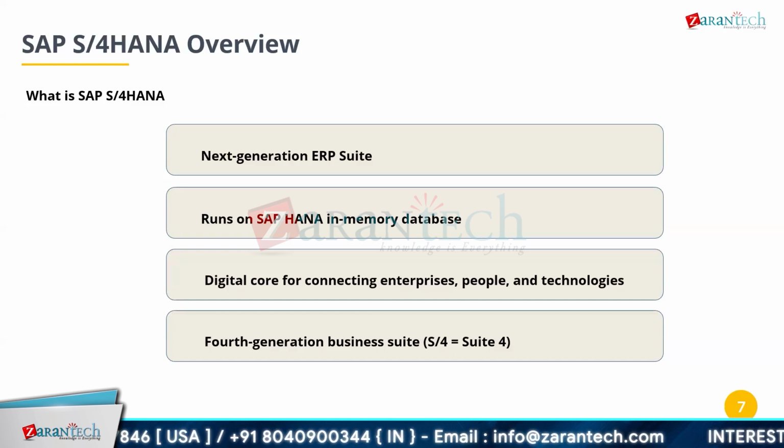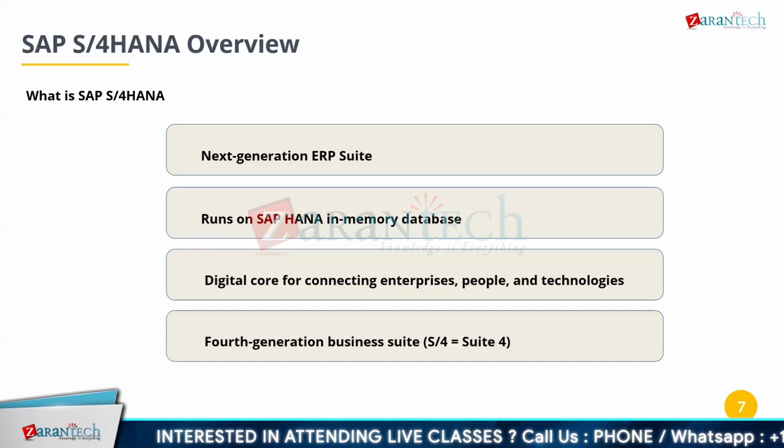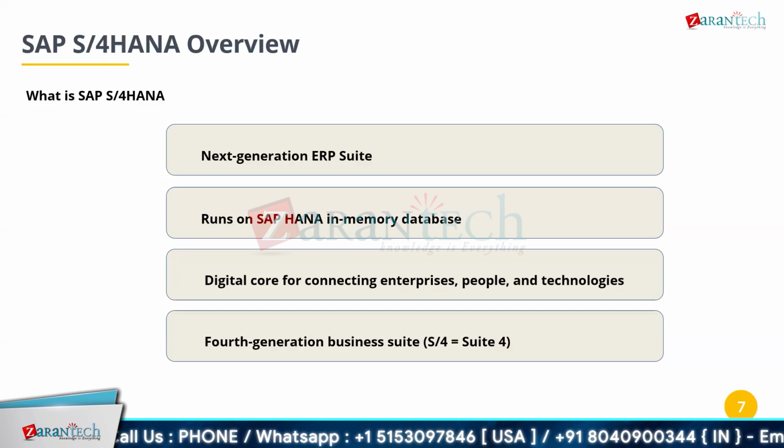But from the fourth release, they are not calling it R4, they are calling it S4, a suite, because they are not going to sell it as an individual product. Now they have clubbed all the modules into one product, which they call S4 HANA. It is a combination of ERP, CRM, product lifecycle management, and supply chain management.